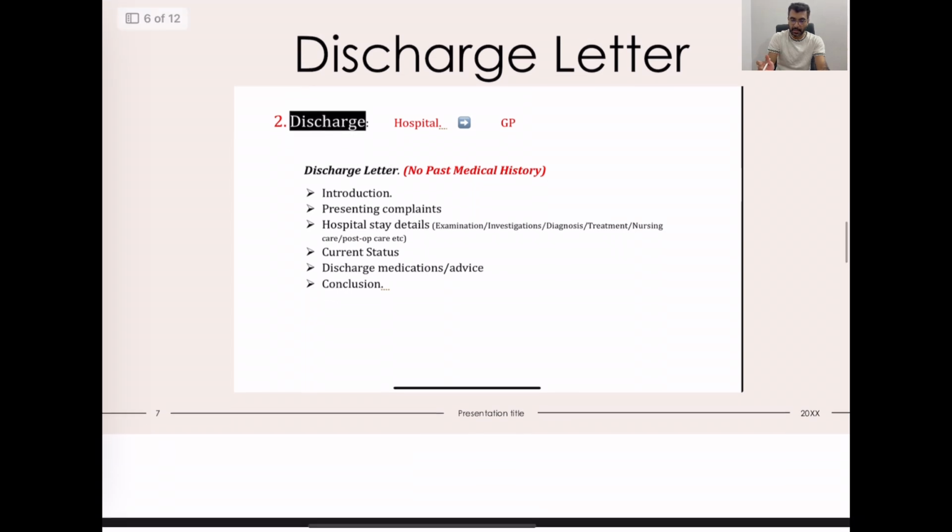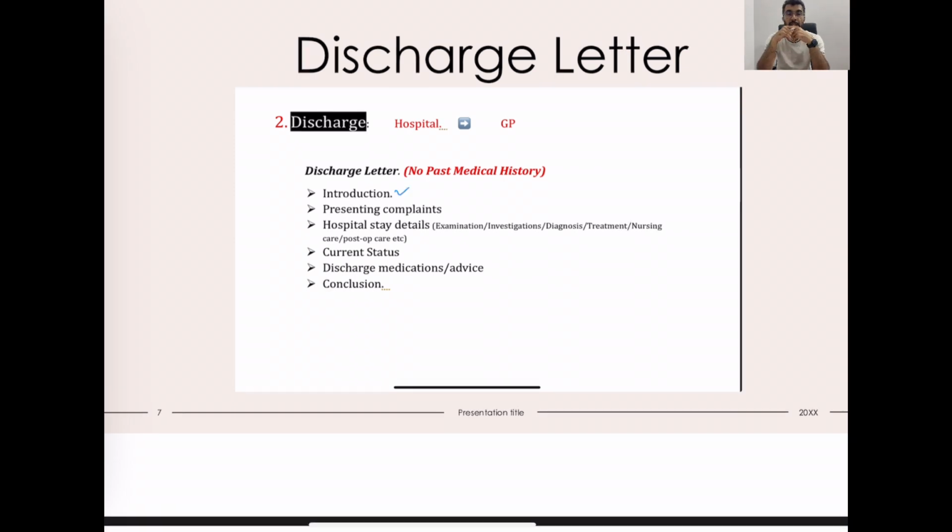So let's see the structure. The structure of a discharge letter, definitely first will be the introduction. I think this discharge letter has the easiest structure. Why? Because it follows the natural course. Just suppose you are in the hospital, you have admitted a patient. So first thing will be patient's presenting complaint. Why did the patient present to you?